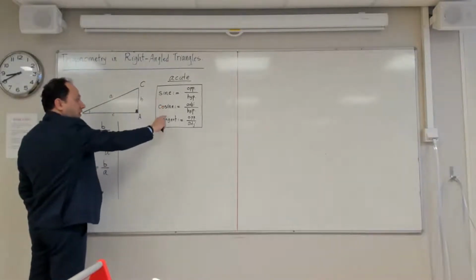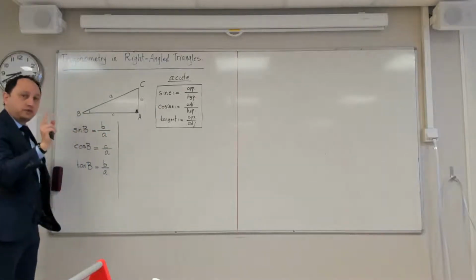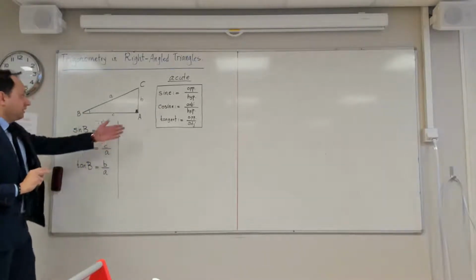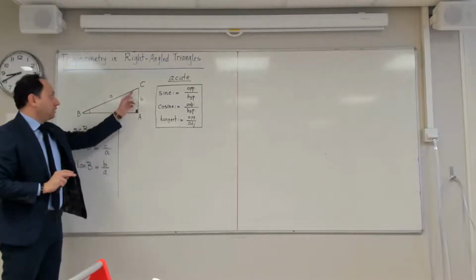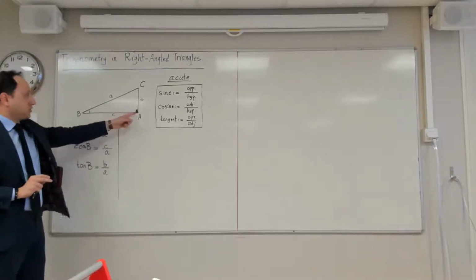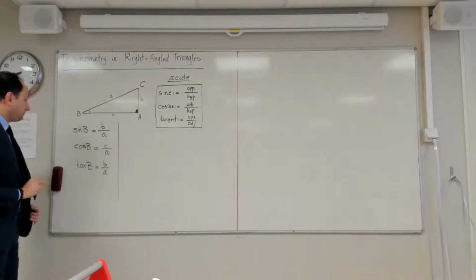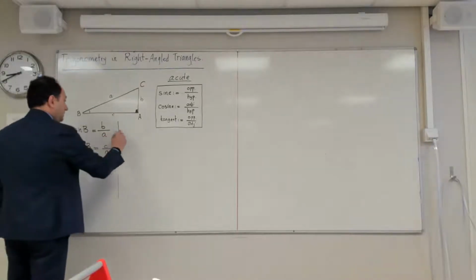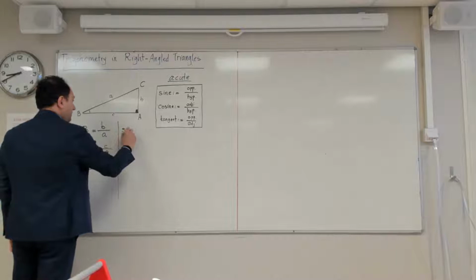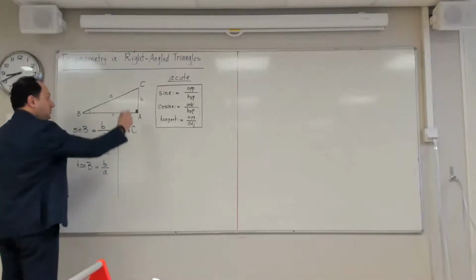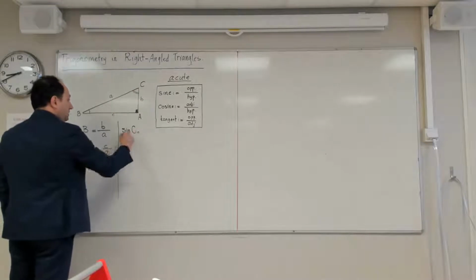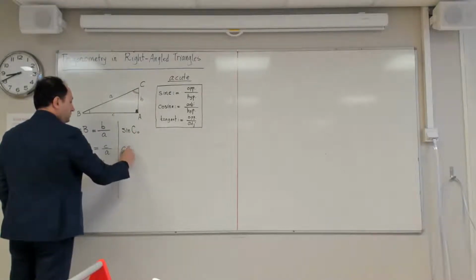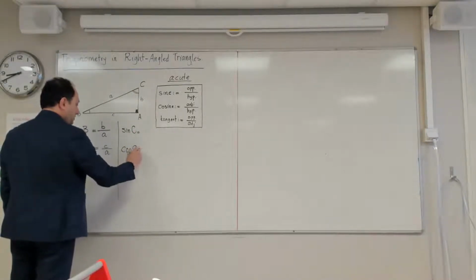And sine, cosine and tangent are only defined for the two acute angles. These don't work for this angle A. Yes? So only acute angles, not this right angle here. So let us write the same thing for the other acute angle. The other acute angle is C. So I can talk about sine of C. I can talk about cosine of C. I can talk about tangent of C.